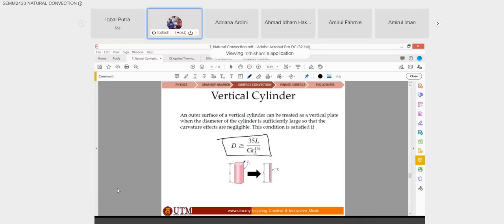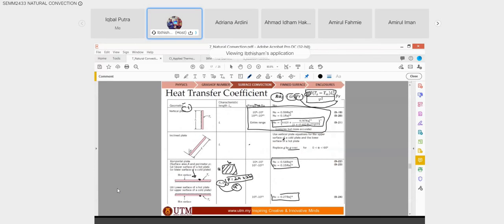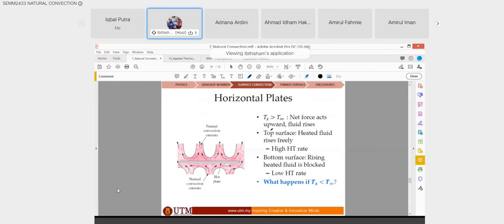Maknanya kita kena satisfy, we need to calculate this and show the diameter of this one. Okay, the diameter dia sama dengan 35 multiplied by the length divided by the Grashof number to the power of 1/4. And then we can move to this equation in which this equation becomes valid for your vertical cylinder.